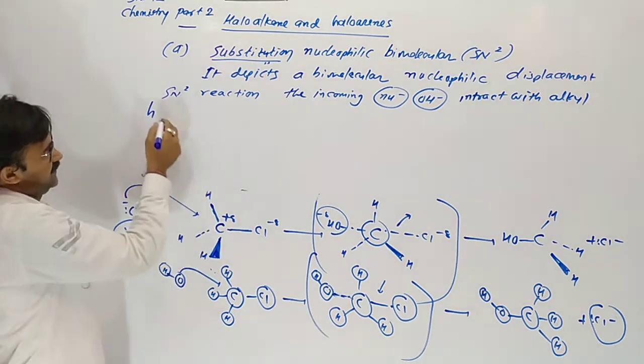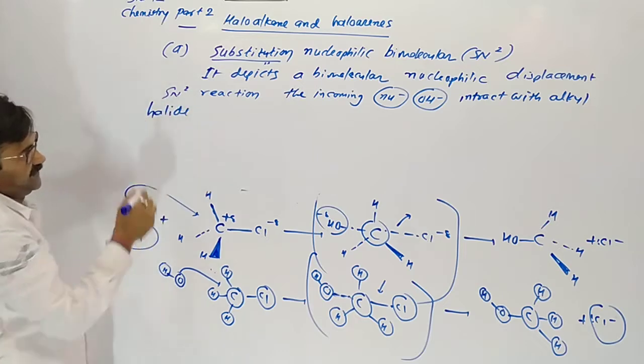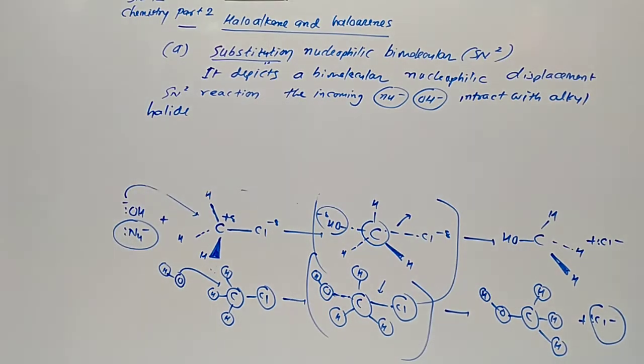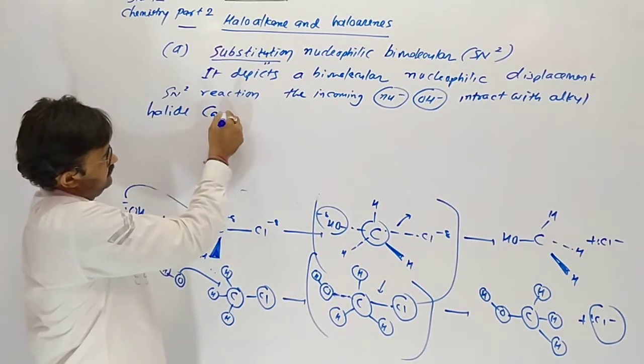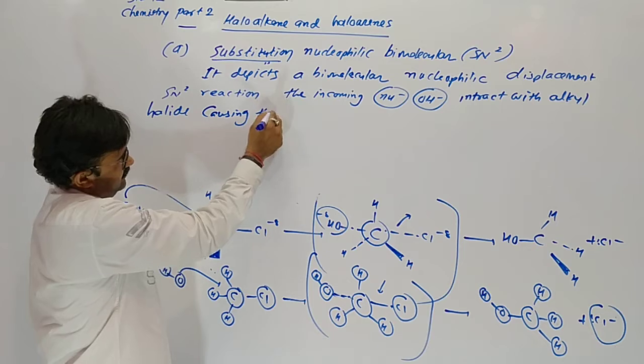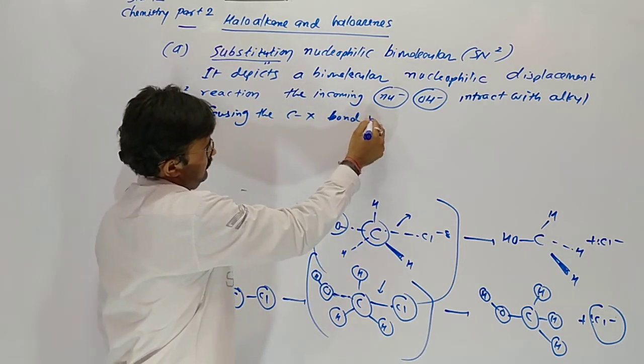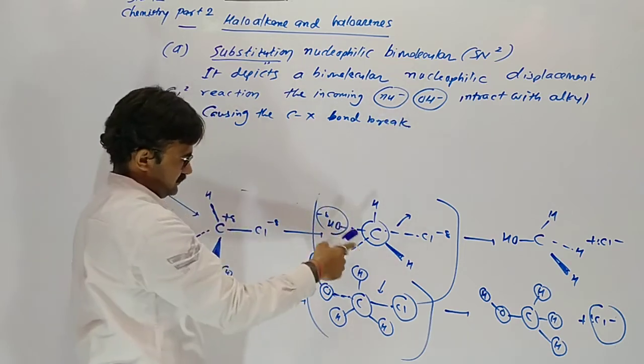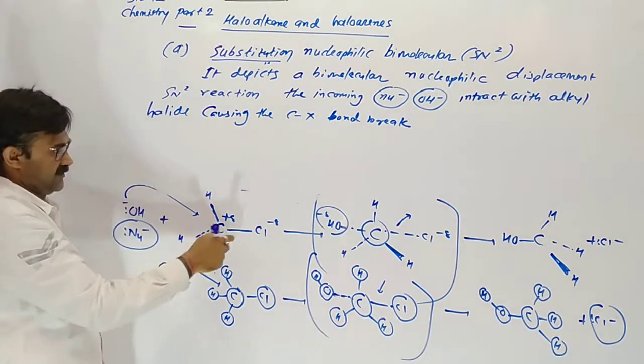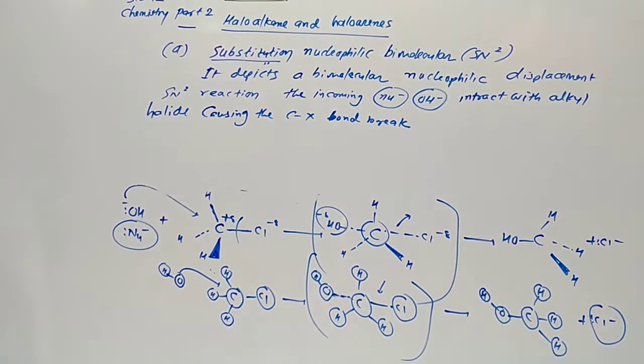This is our alkyl halide. It interacts with the alkyl halide, causing the carbon halide bond to break. The entering OH group breaks the bond between carbon and chlorine.